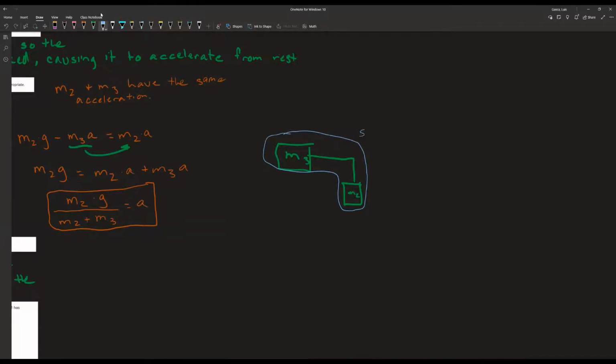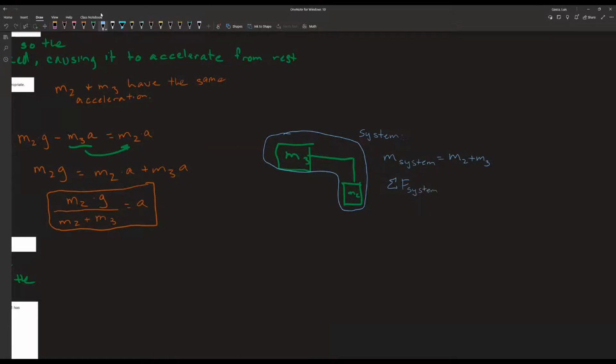The mass of the system is M2 plus M3. It's whatever's inside this closed loop that I've used to isolate my system. And we ask ourselves, well, what is the net force on the system?